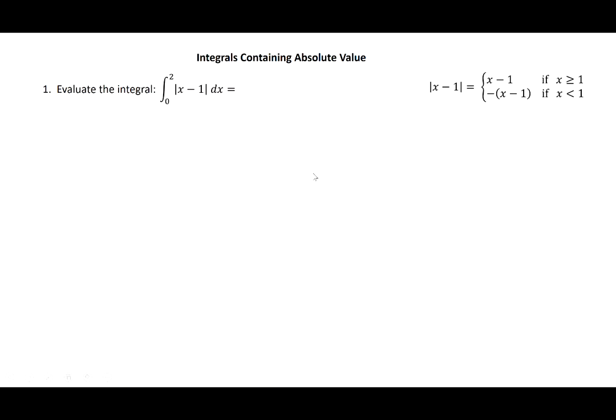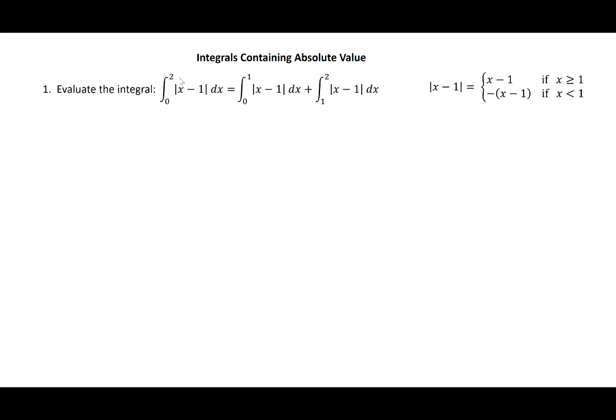Okay, so we split this integral into two integrals, 0 to 1 and 1 to 2. Are you okay with this? We split this interval 0 to 2 into 0 to 1 and 1 to 2.